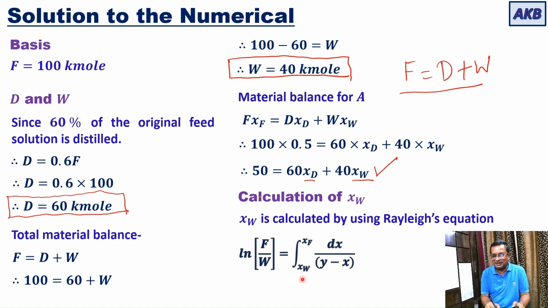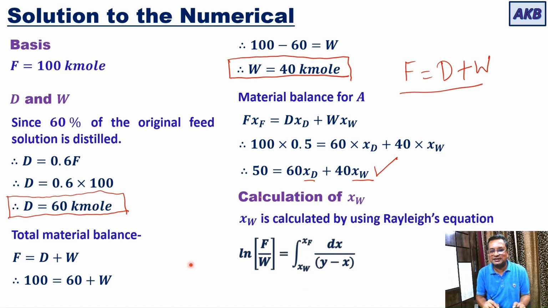That is the task, and we are going to do it graphically. That means we are going to fit the area under the curve such that this area, ln of F by W, lies within the two limits. One limit is known to us, the other limit we are going to get.